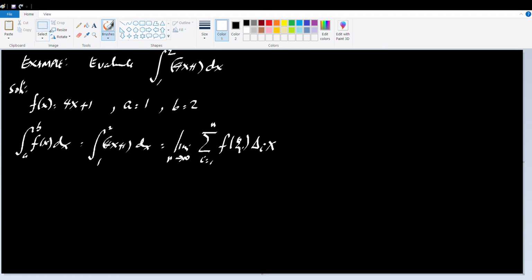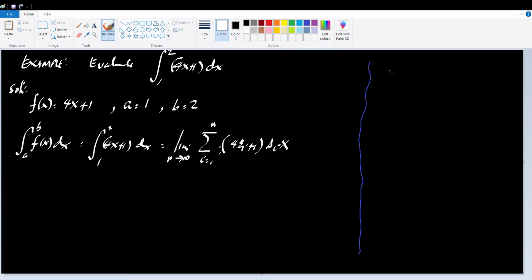Okay, so you can also write this as 4c sub i plus 1, because that is your f of x. Replace x by c sub i and delta sub i x. Okay, so let us have this as our workspace.